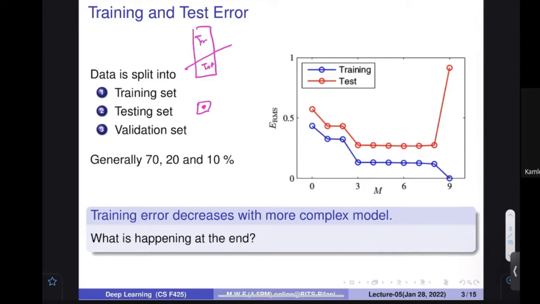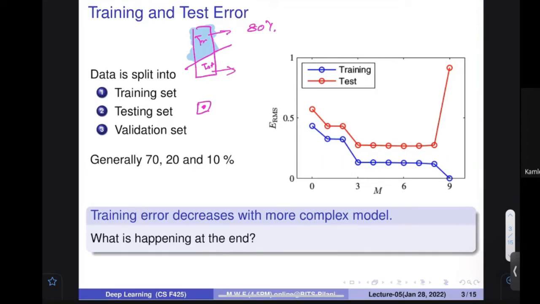Since you are showing the training partition to the system, the error on it would be how much? Let's assume that the error on this portion is 80%. So what do you expect the error on the testing one to be?